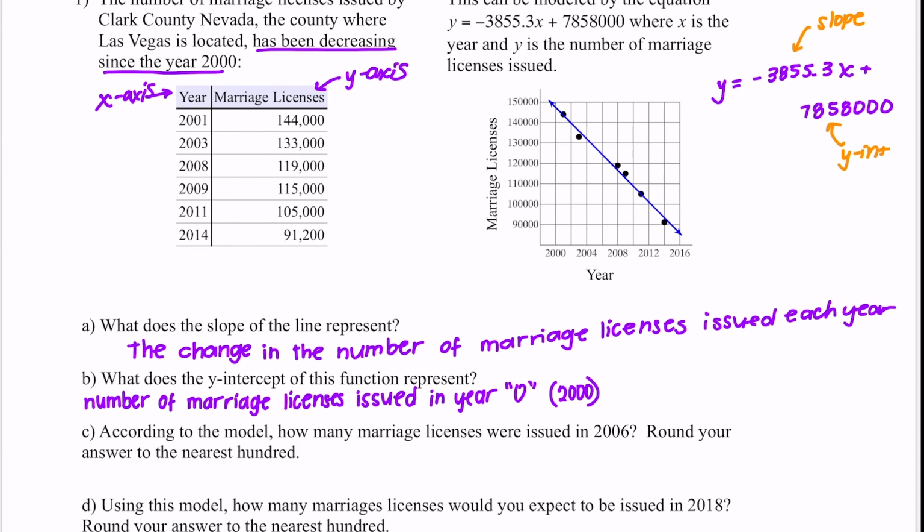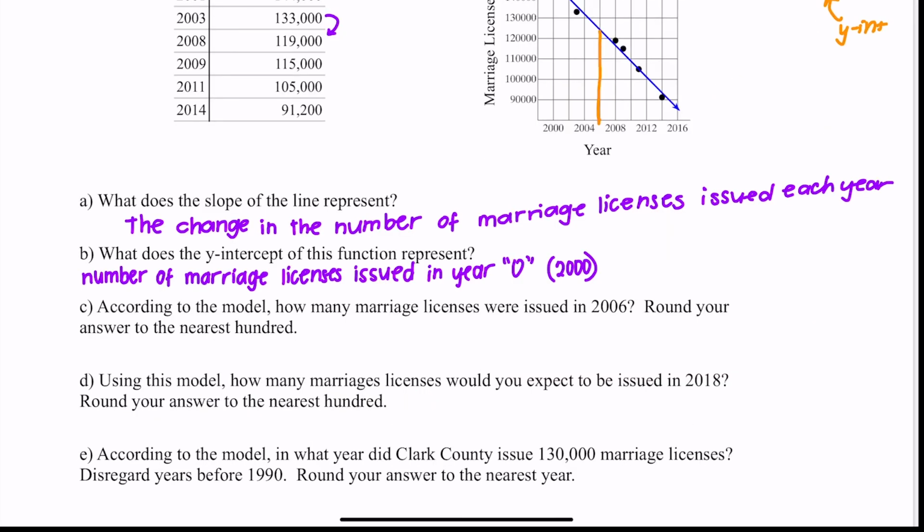All right, so according to the model, let's forecast how many marriage licenses were issued in 2006. Round your answer to the nearest 100. So we're going to take a look at what we do know in the year 2006. If we just draw a line up to the graph, we can see that it falls on the slope somewhere.